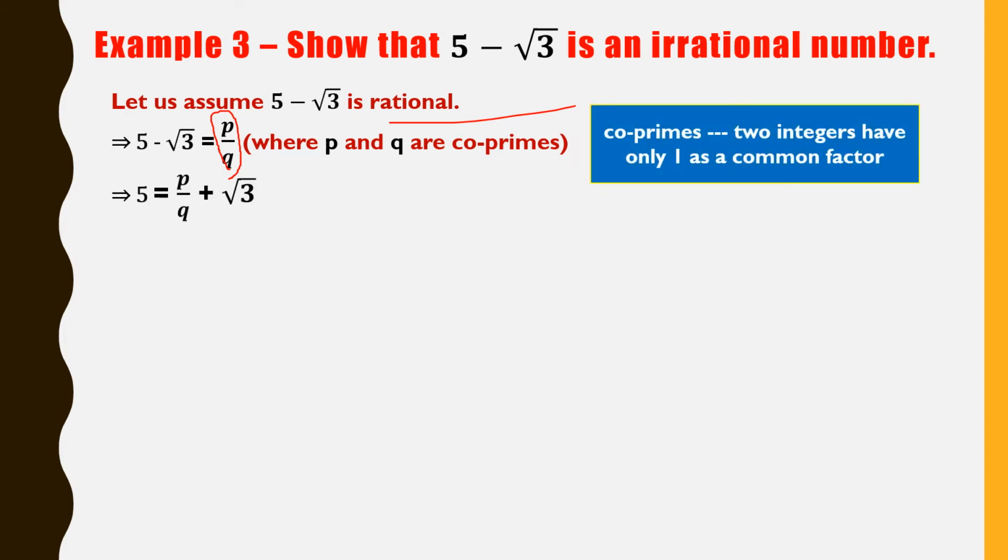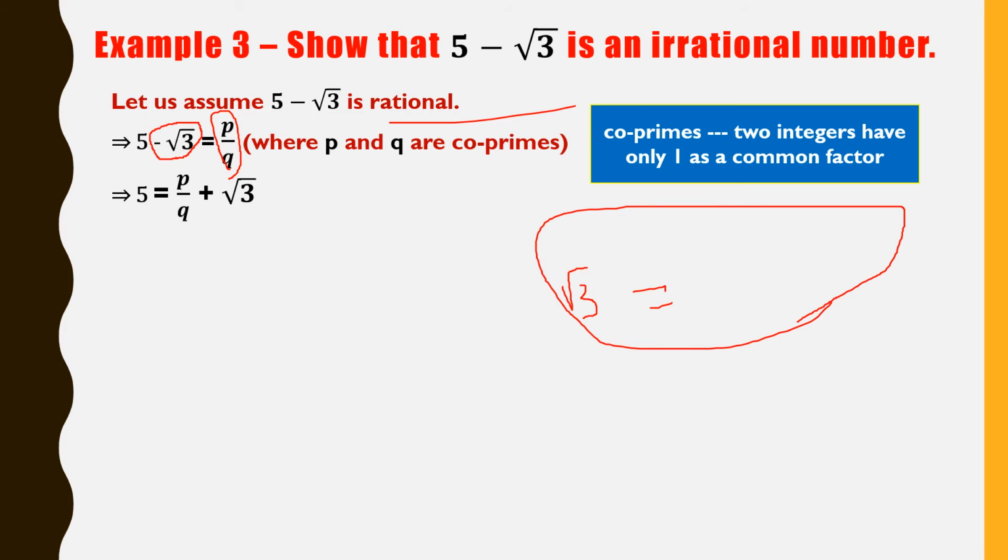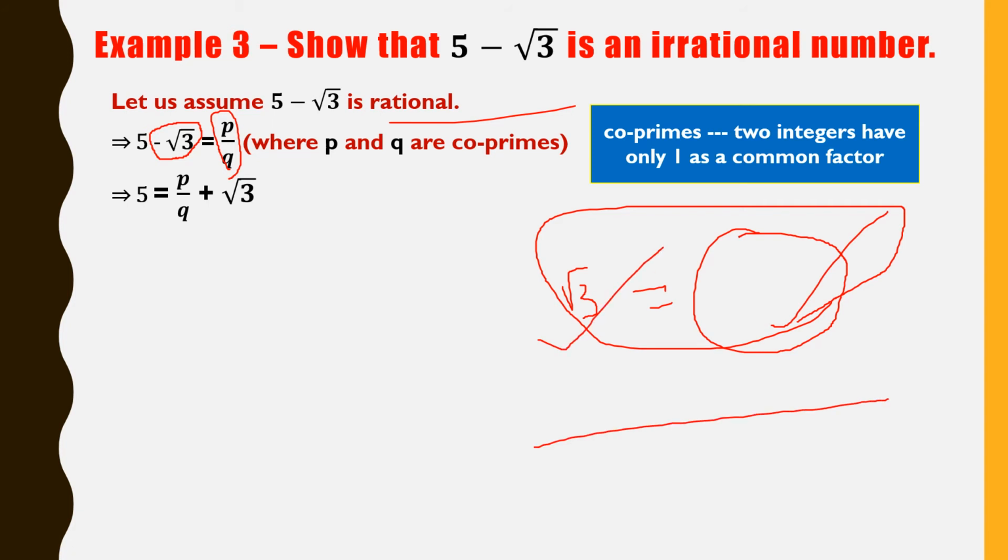Here I want this irrational number in a positive sign, because I should write root 3 equal to something. Then we can say that as it is rational, this will also be rational, but it is a false statement, so it will be an irrational, right?